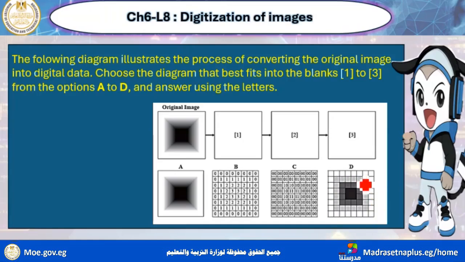Then we convert these squares, these samples, to be quantized, to be measured by numbers. Here we have no light, no color, so we represent it by 0, 0, 0, 0, 0. Here we have a lighter color, so all these pixels have the value of 1, the first degree of light.